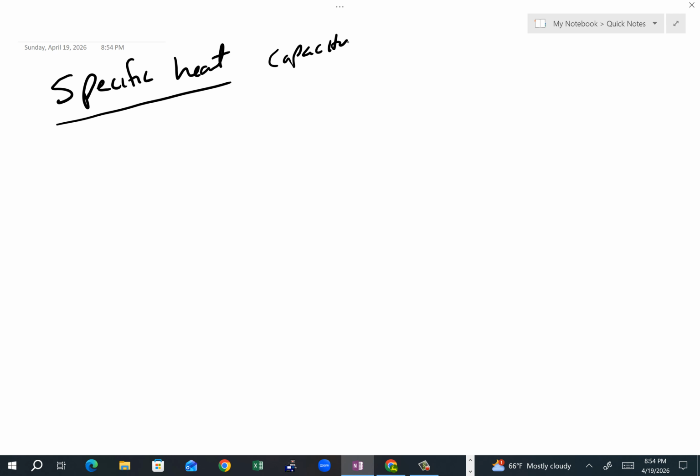But today I want to talk about specific heat capacity. And we're going to talk about it in terms of really just specific heat. Now, the actual thing is specific heat capacity, but we're going to say the specific heat. And so, specifically, what we're going to talk about is the change in temperature. Q, the amount of heat energy, is equal to mc delta T. And so this is the mass of the stuff in question.